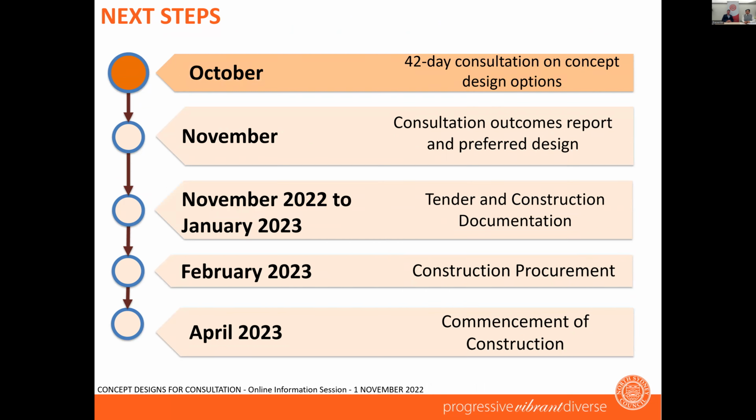Burning question is, when is it going to happen? And we need to go through some tendering steps after we get the preferred design. So that's going to take 2 months at least. And that means we wouldn't be able to start construction until April next year, so after Easter.